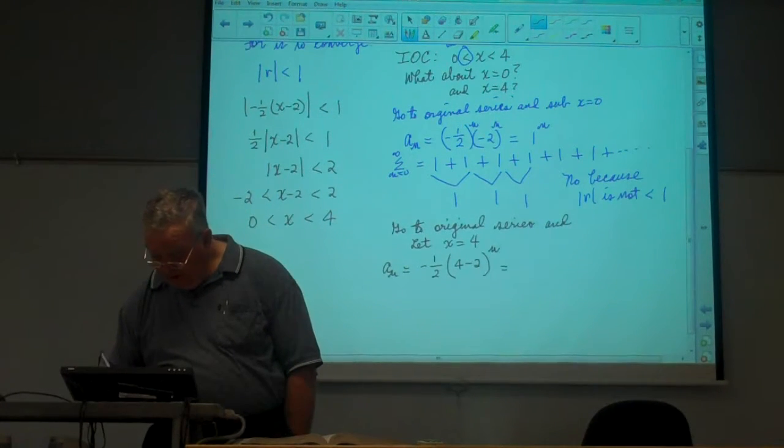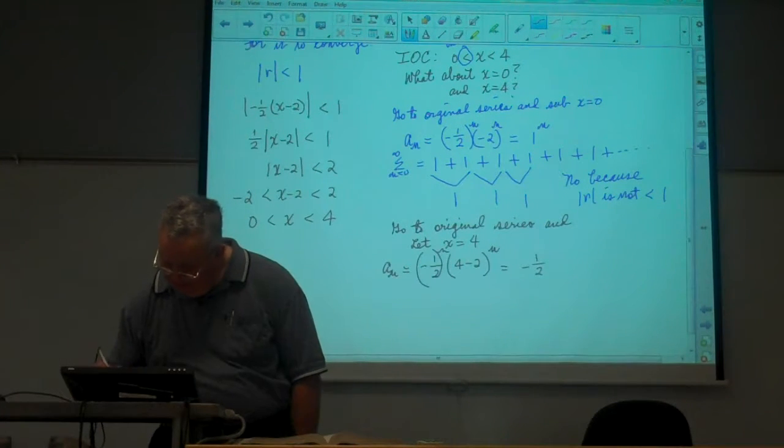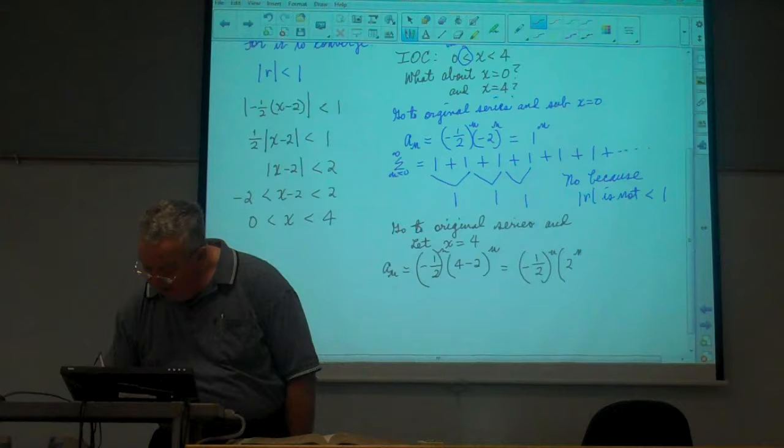Which is equal to minus 1/2 to the nth times 2 to the nth, which is equal to minus 1 to the nth.